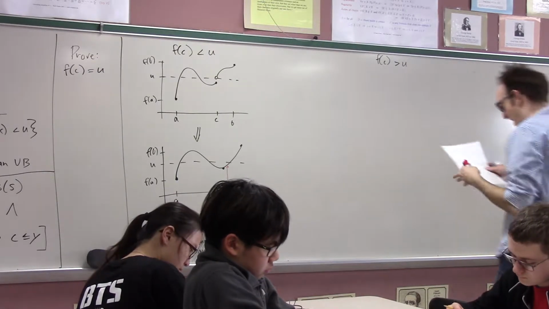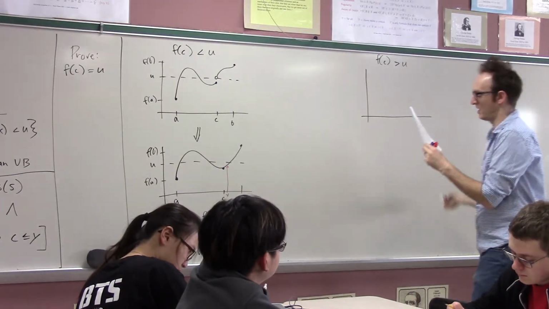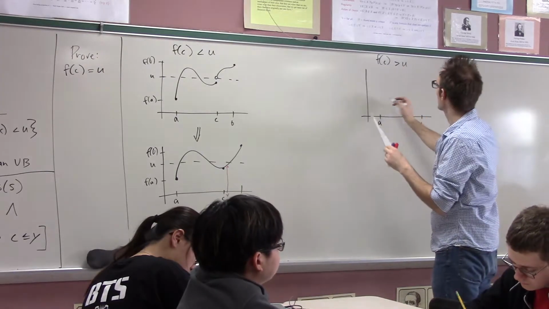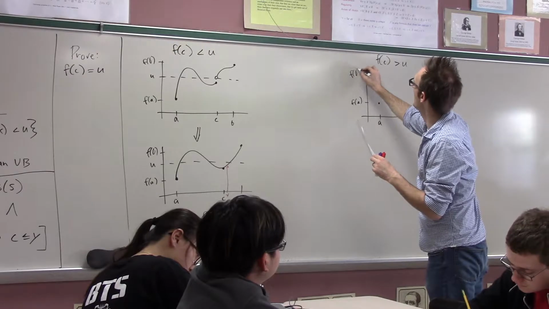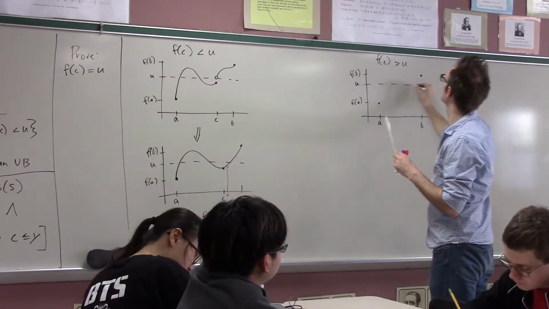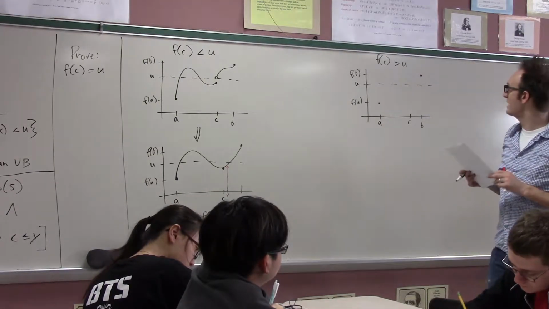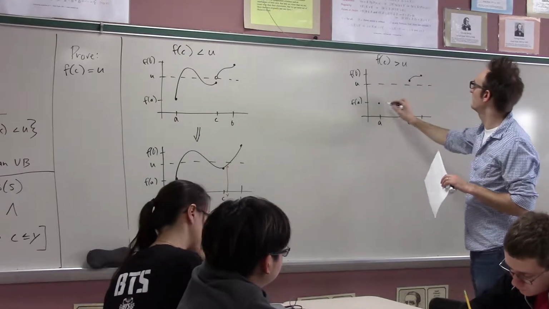All right, on the other hand, and this one's I think a little bit more subtle, and the proof's a little harder, if we consider the other possibility, okay, now here's f of a, here's f of b, here is u. Now if on the other hand we consider that f of c is bigger than u, then that means that f of c is up here.